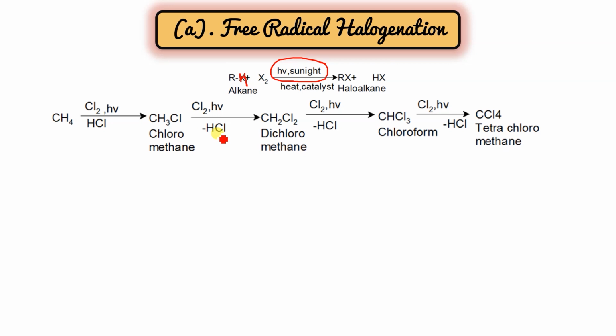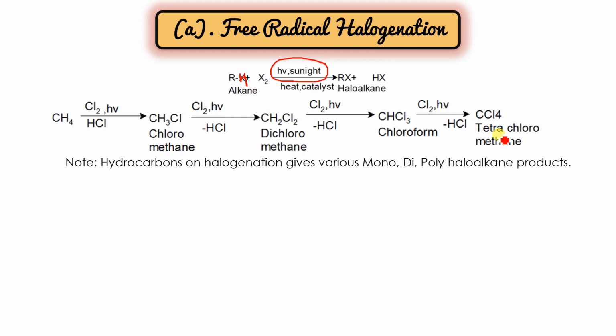If excess of chlorine we will use, we will get mono, di, tri, tetra derivatives of halogen. In this case, 1 mole of chlorine reacts with this and forms CH3Cl, and HCl will come out. Second, this is dichloromethane. Then again, if it reacts, it will form chloroform and tetrachloromethane at last. The mechanism of this you have done in class 11th, and hope it is clear.